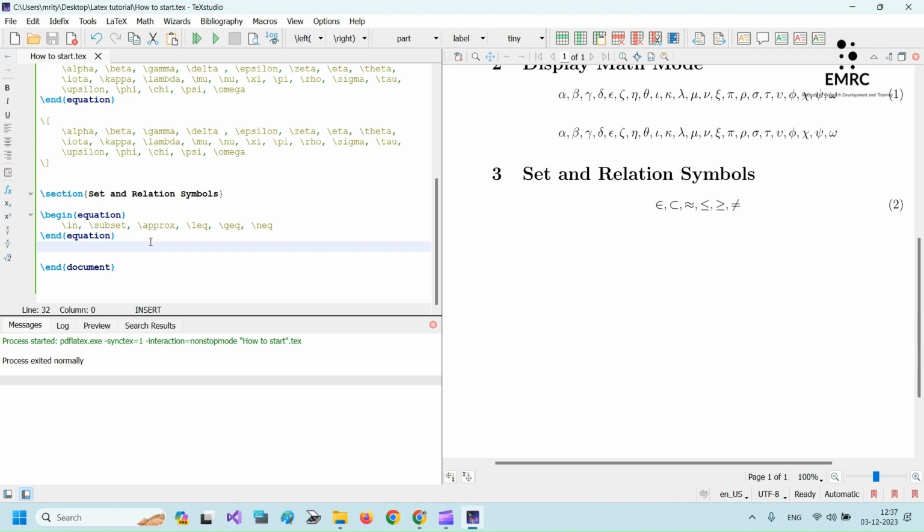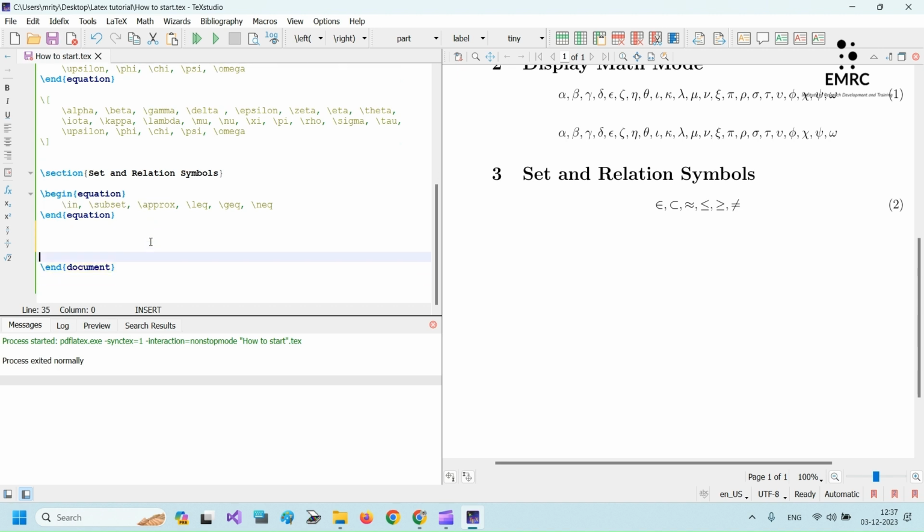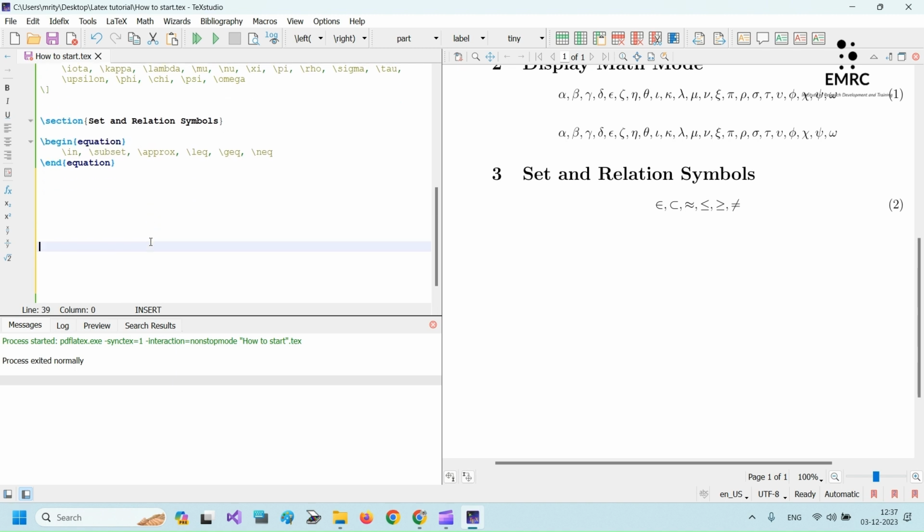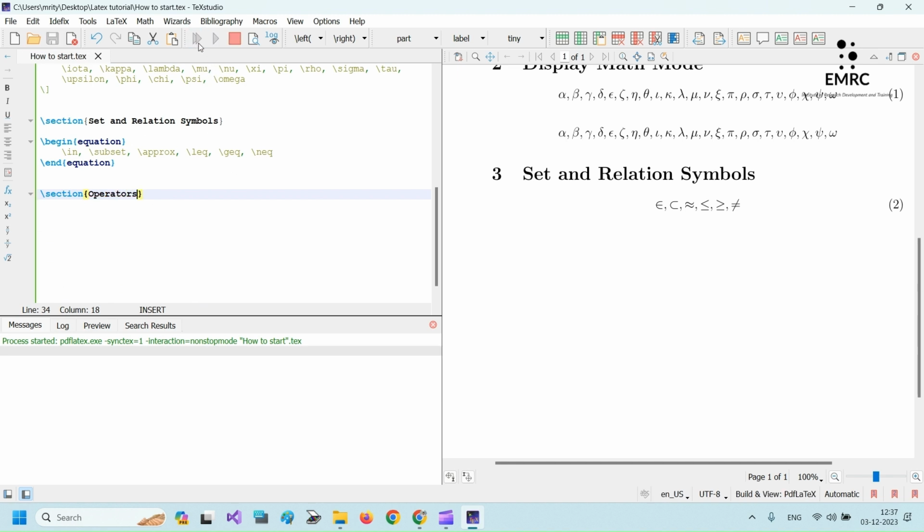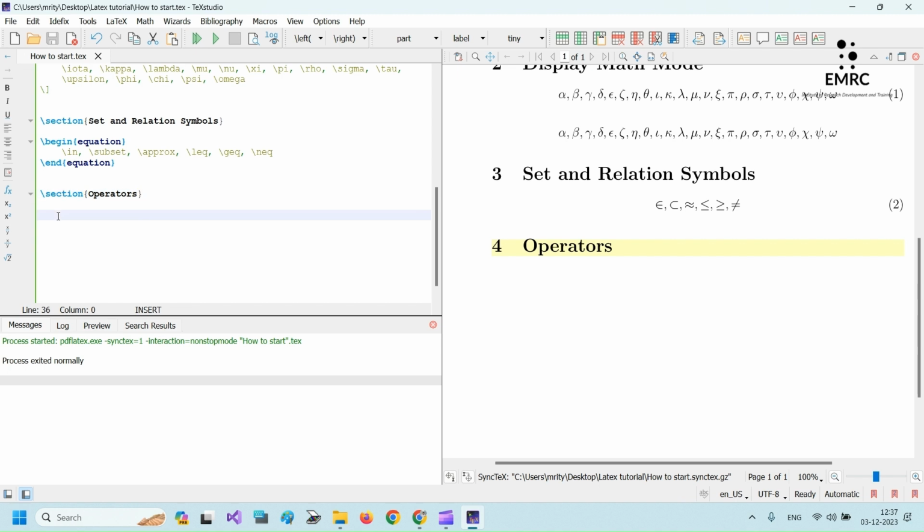We can see operators. There are various operators. We can again write it in the equation environment.